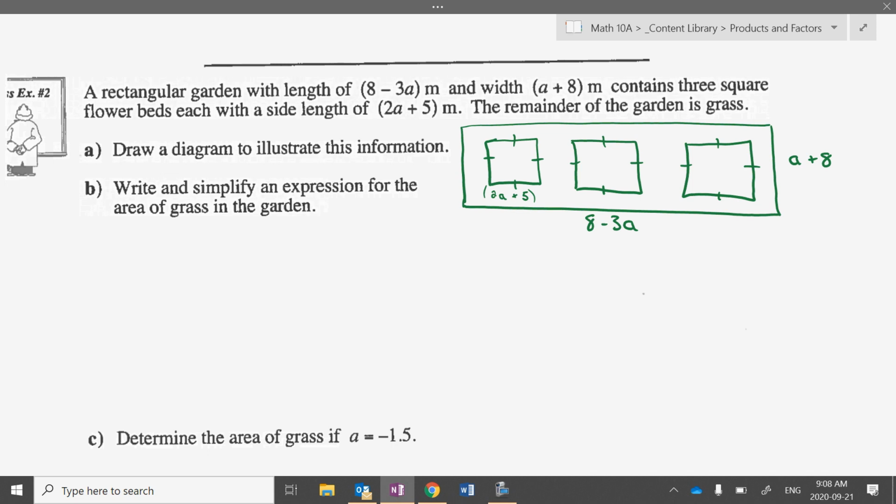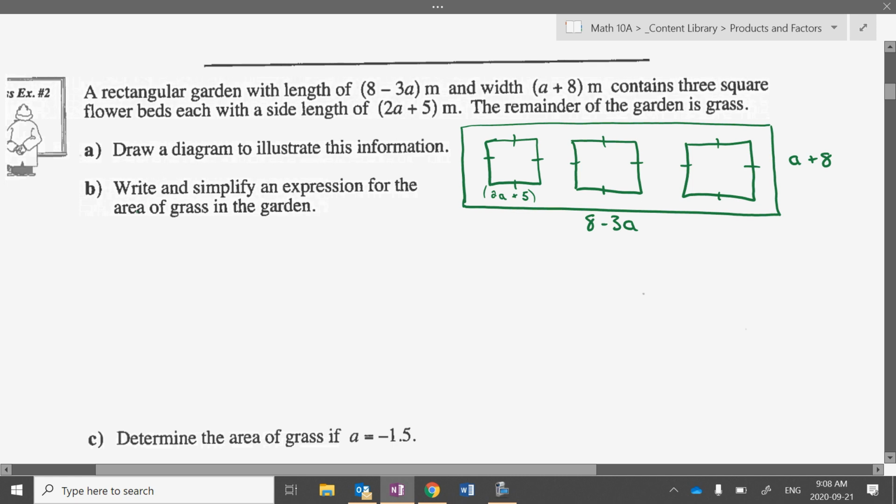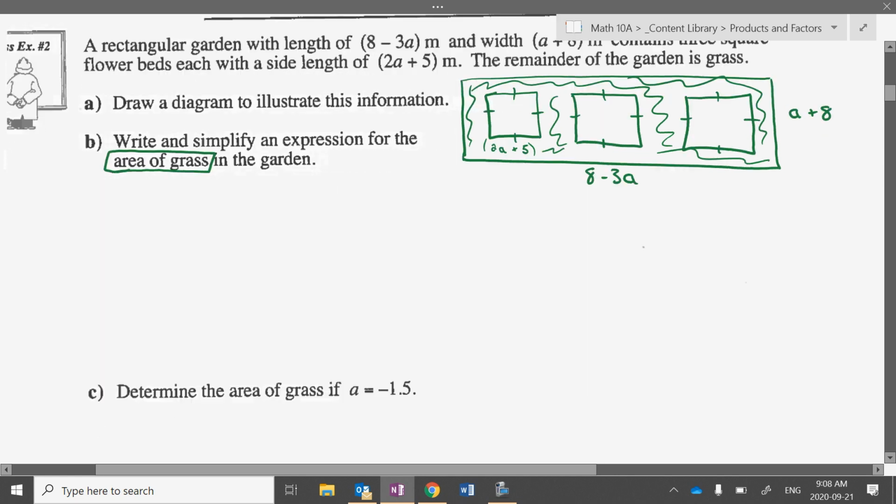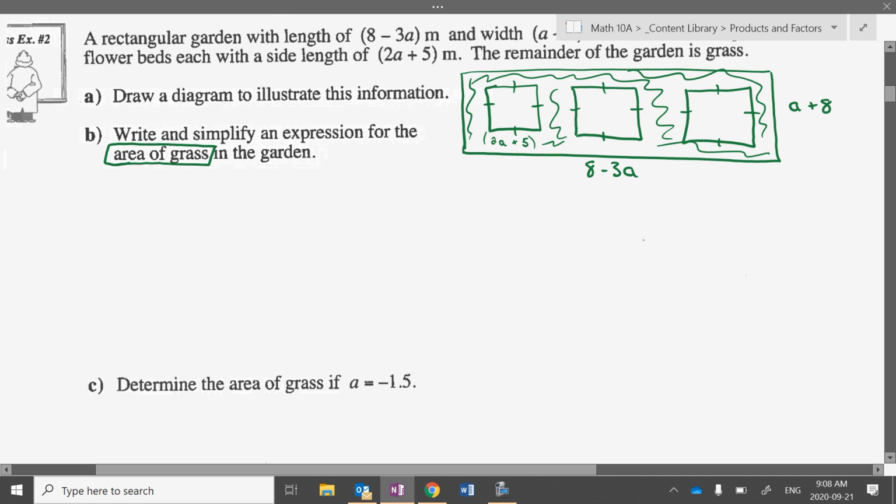So write and simplify an expression for the area of grass in the garden. So we want to know the space out here, right? Do you guys want to try this one on your own, or do you want me to go through it? I'll go through it. So let's figure out the area of the entire rectangle.